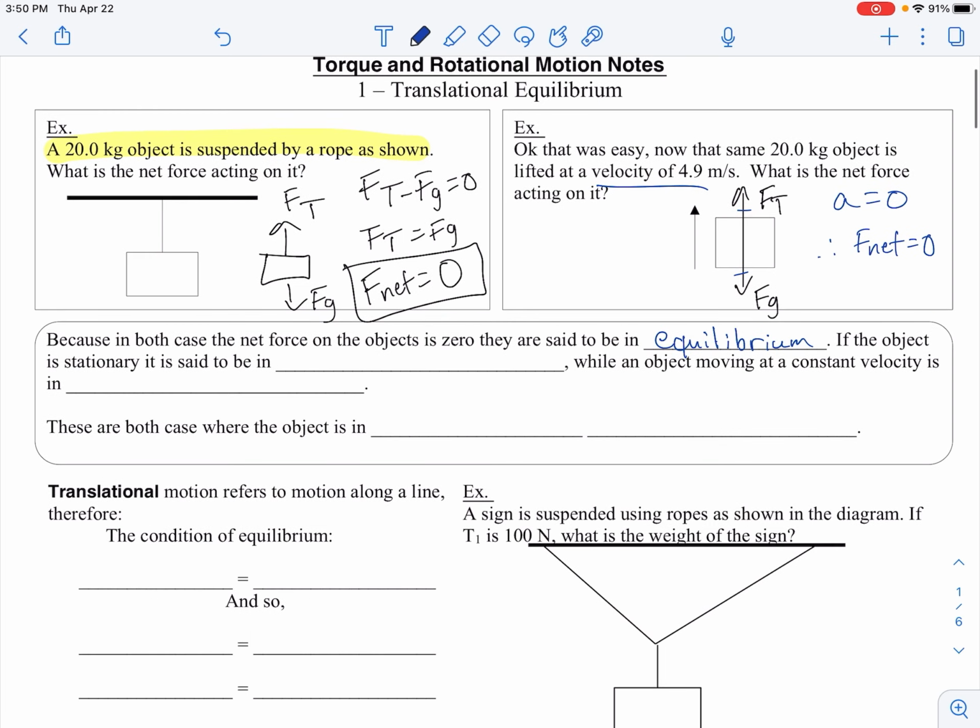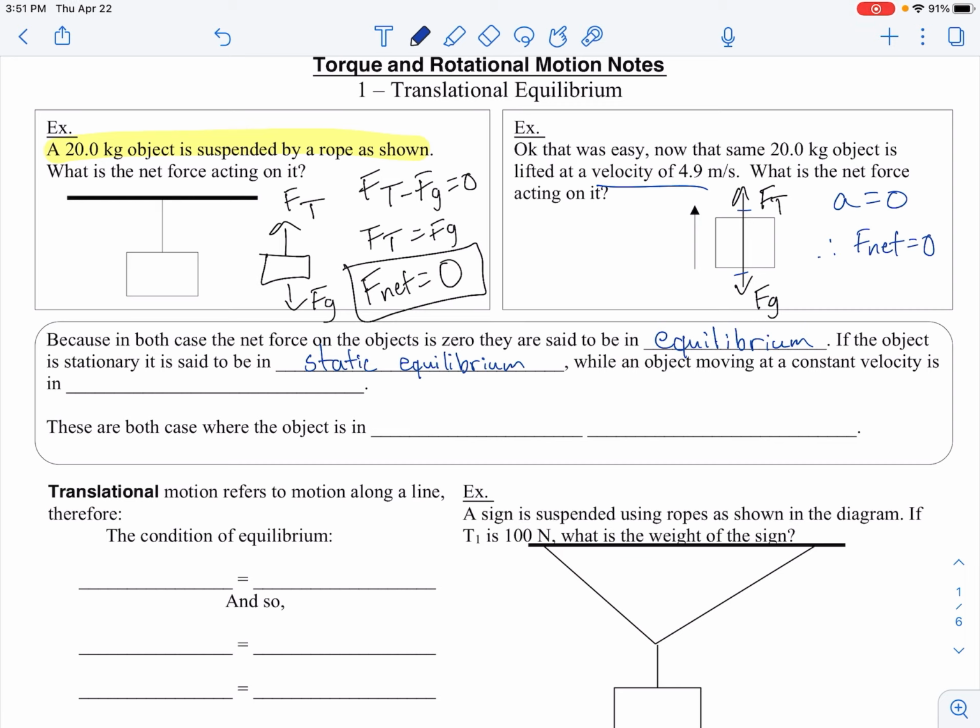If the object is stationary, so think about yourself sitting in a chair, a book sitting on a table, we could say that it is in static equilibrium. If it is moving with a constant velocity, so think our planet, a plane that's at cruising altitude, a car on cruise control, right?